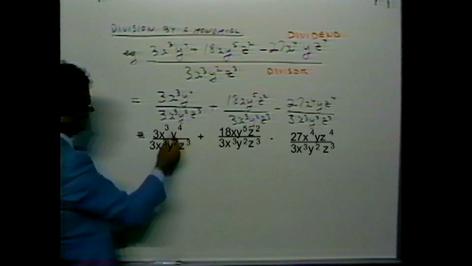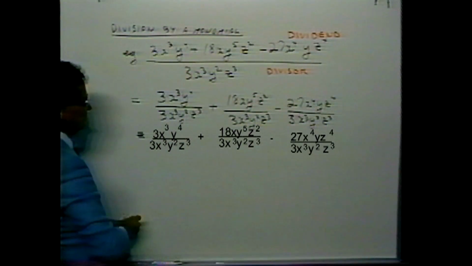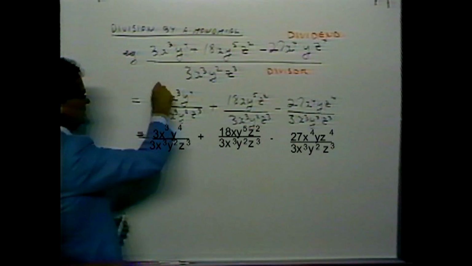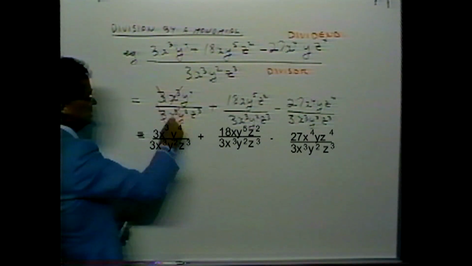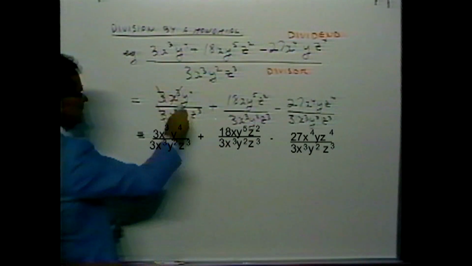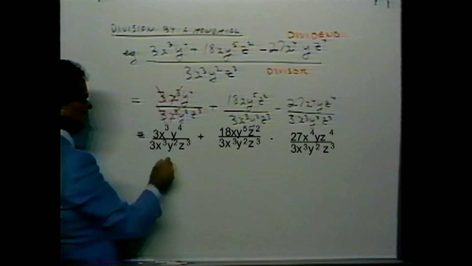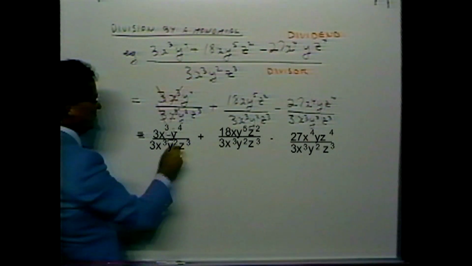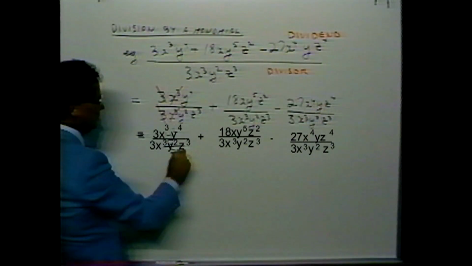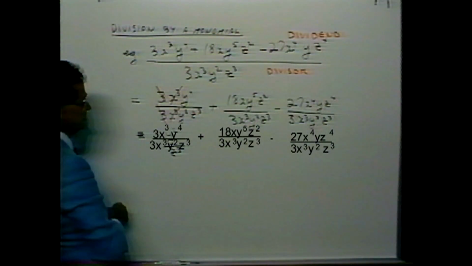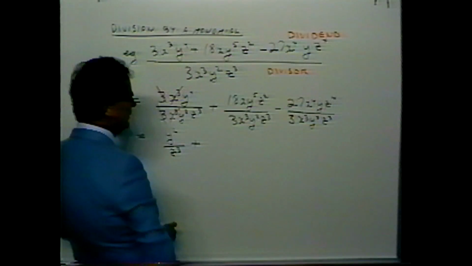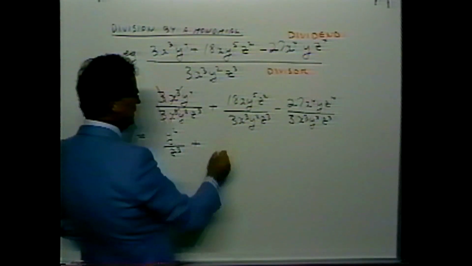So looking at this expression, we see that this is the same as that, this is the same as that. Y to the 4th divided by y squared leaves y squared on top and z cubed on the bottom. Plus, we have 3 into 18 is 6.